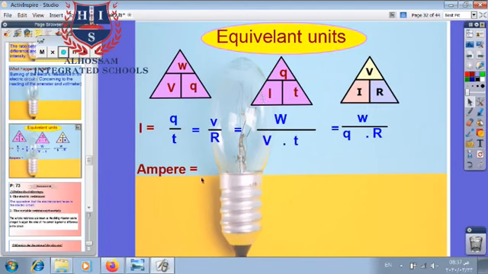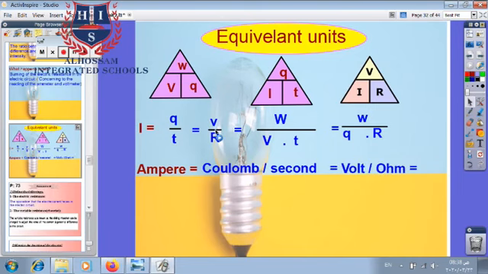Also we have W over Q by R. W over Q is related to V by R. So W over Q is related to V over R. This is also a rule related to the electric current intensity.